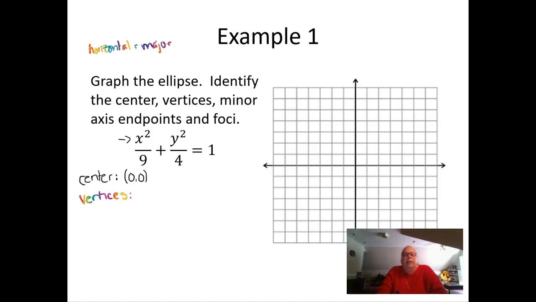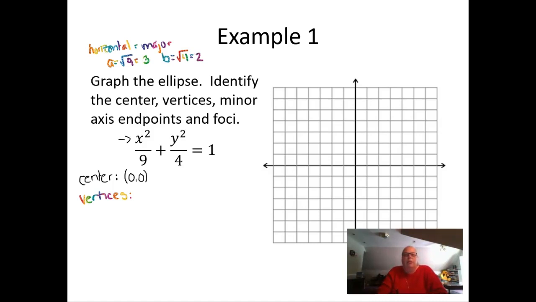the length of the major axis is going to be 2 times a, and a is going to be the square root of 9, that's going to be 3, and b, which is going to be on our minor axis, or in this case the vertical axis, is going to be the square root of 4, or 2.